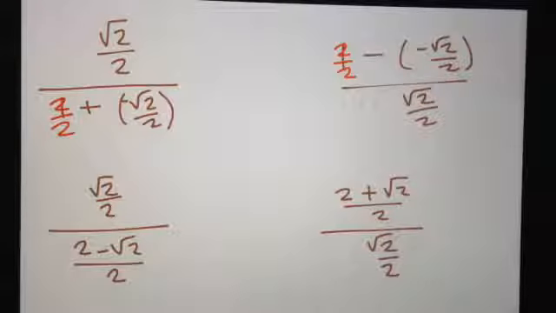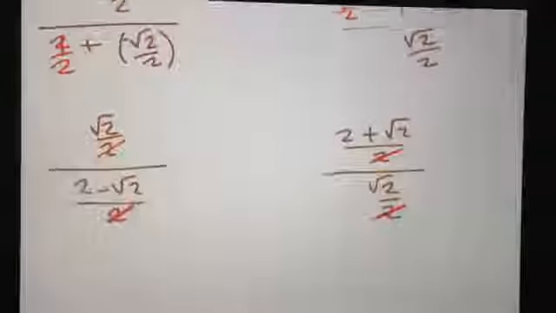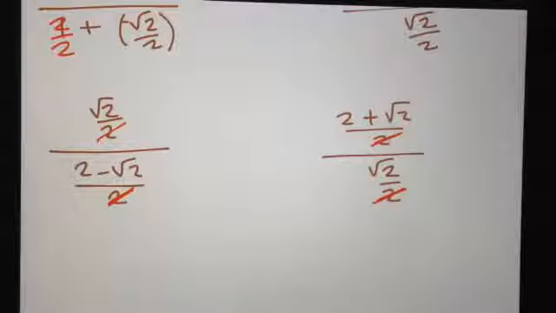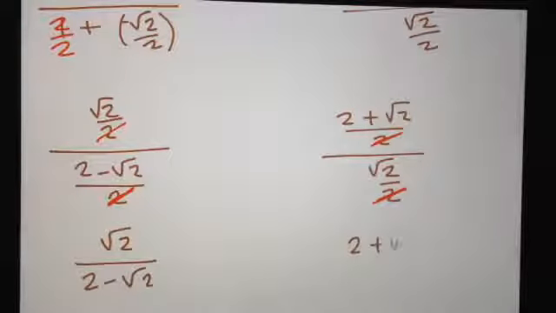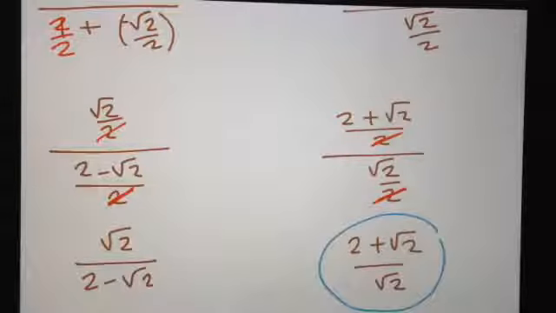So if we do some cancellation, the 2's right here can cancel. And then this is where you get to see which one of these would be easier to solve. Because right now over here we have root 2 over 2 minus root 2. And over here we have 2 plus root 2 over root 2. And if I had to choose which one of these I wanted to fix, I would definitely choose this one because I don't have to multiply by the conjugate on the top and on the bottom.